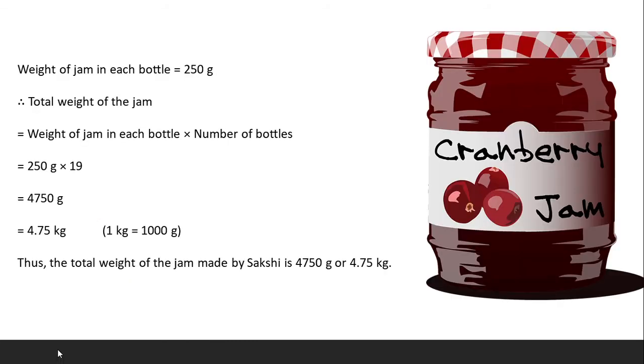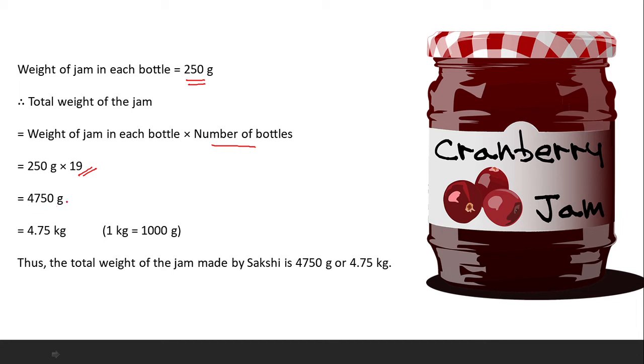Then in each bottle she has filled 250 gram of jam. What will be the total weight of jam she prepared? It will be the weight of the jam in each bottle multiplied by the number of bottles. In each jar we had 250 gram of jam and we prepared 19 bottles, so if you multiply, you will get 4750 gram of jam.